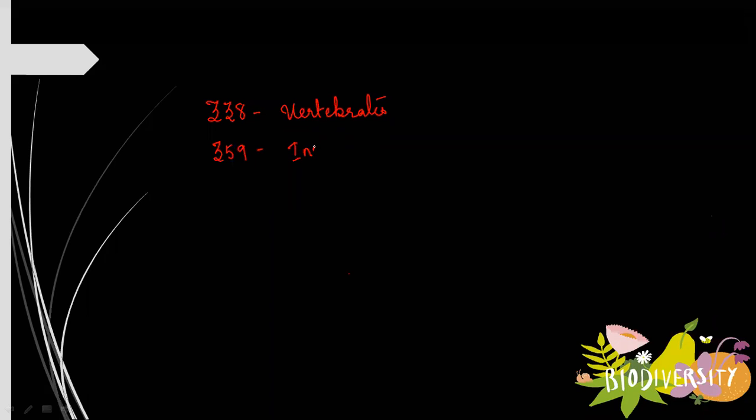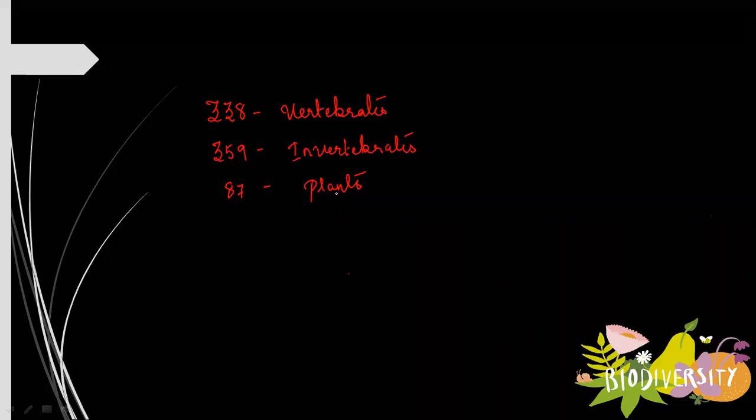Invertebrates are like insects, spiders, those which do not have a backbone. And 87 species of plants have become extinct.